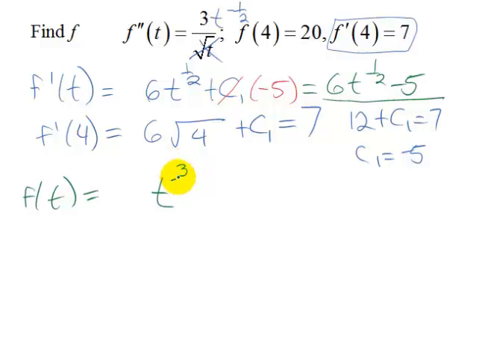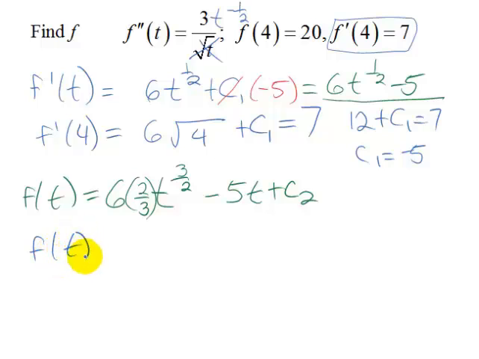One higher power would be 3/2, and I'm going to leave that 6 out in front, and then I need the reciprocal of the power. So let's do it like that so we can see what we would need. That way when the power comes out in front, the 2/3 and the 3/2 cancel and leaves me the 6t, and then when I decrease the power by 1 I'll get t to the 1/2. Now as far as the negative 5, that would need to be negative 5t, and then we could have a constant on the end.